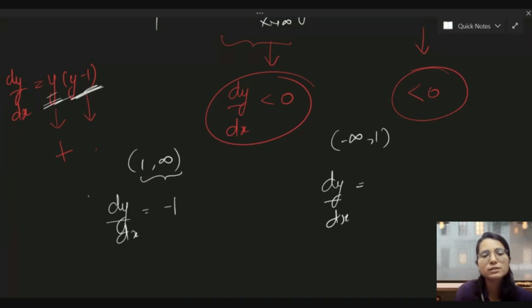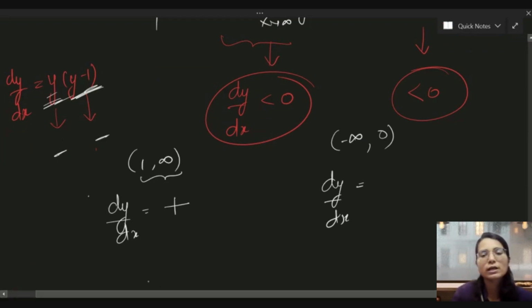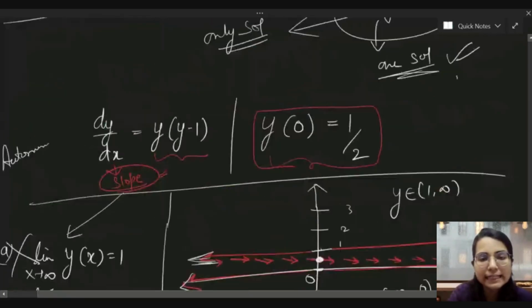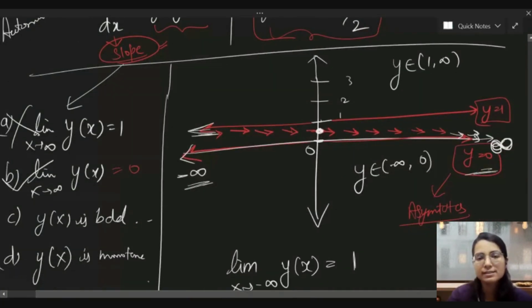And in minus infinity to 0, both factors are negative, so dy by dx becomes greater than 0. So in both cases, dy by dx is positive, so the solution is strictly increasing.